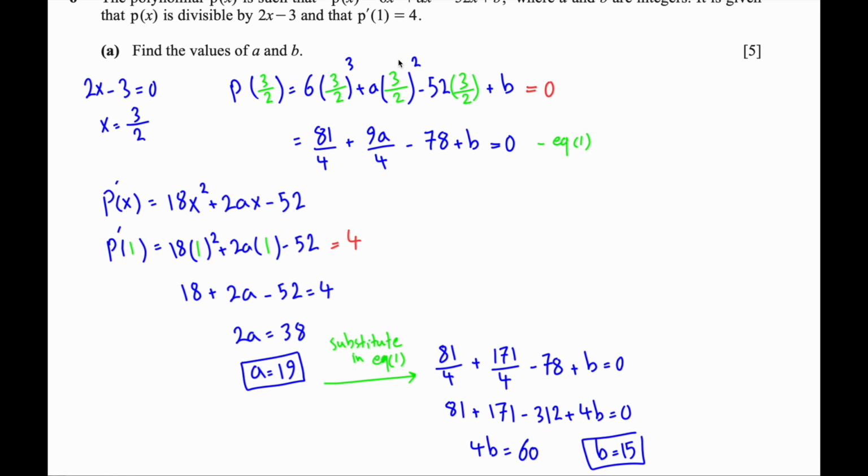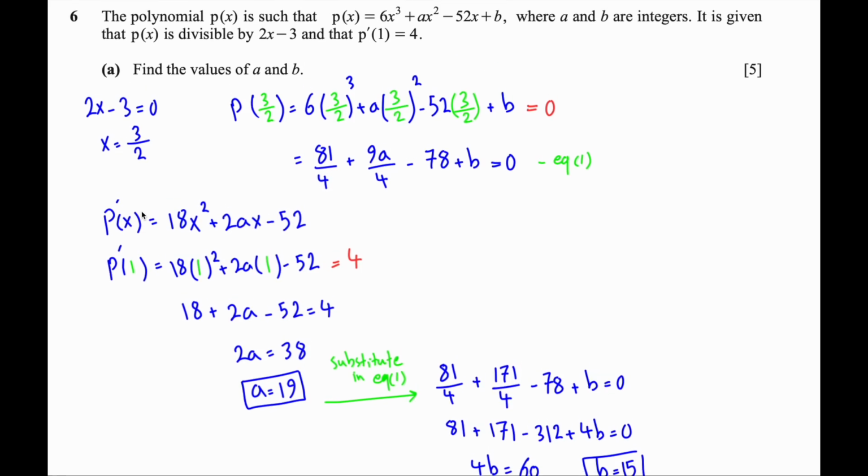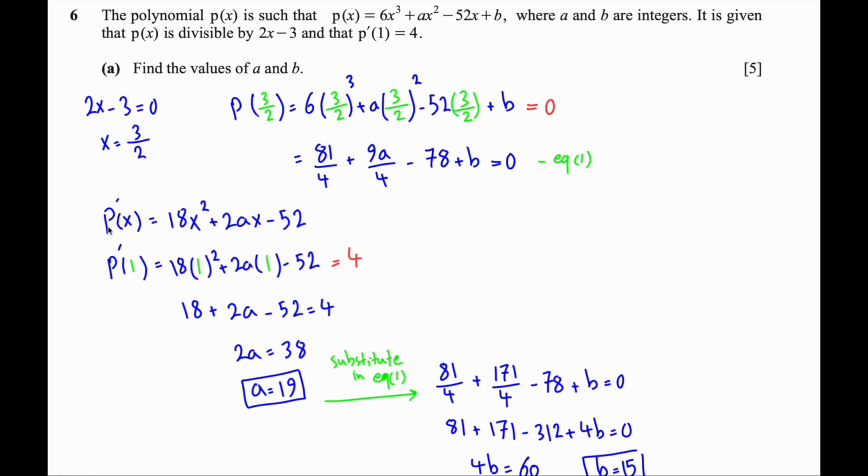And that can be found from the second piece of information here, which tells me the first derivative of p when x is 1 should be 4. So I'm just going to go ahead and take the derivative of p(x). This is a simple derivative.